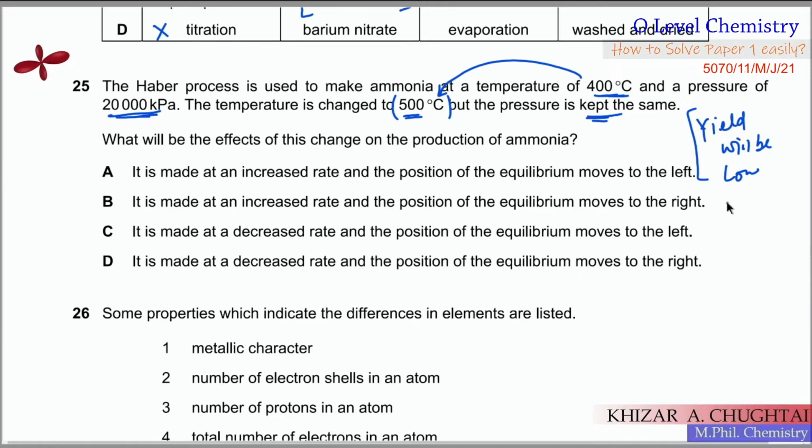But its speed will be high because of the high temperature, so its rate will be increased. Either A or B options are correct. The position of equilibrium moves towards the left. This is the right hand side, left hand side. Yes, it will move towards the left hand side, the backward side. So A is the correct option.